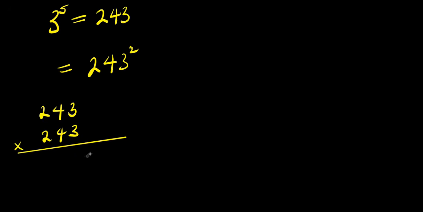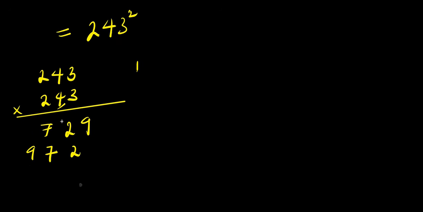3 times 3, 9, 3 times 4, 12, 2 carry over 1. 3 times 2, 6 plus 1, 7. 4 times 3, 12, 2 carry over 1. 4 times 4, 16 plus 1, 17, 7 carry over 1. 4 times 2, 8, 8 plus 1, 9. 2 times 3, 6. 2 times 4, 8. 2 times 2, 4.